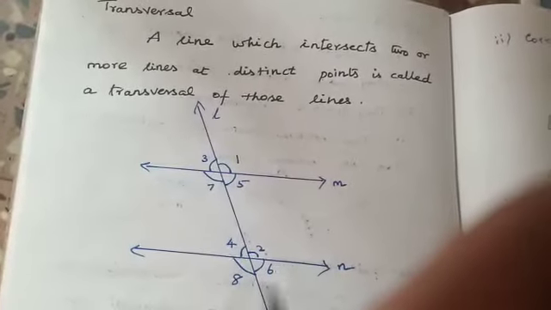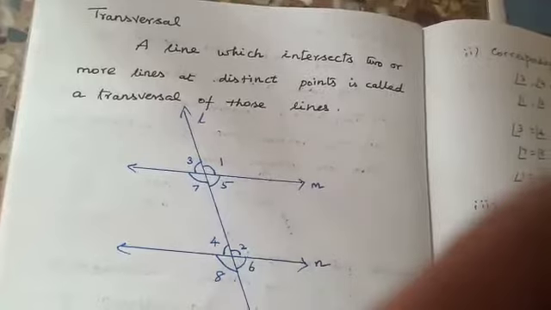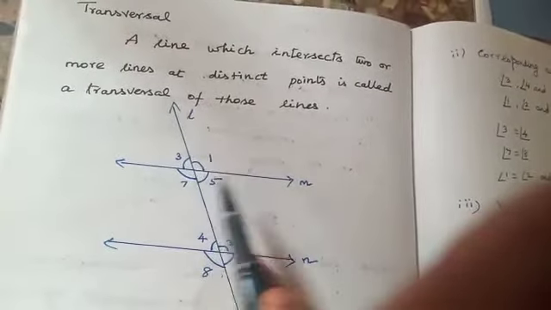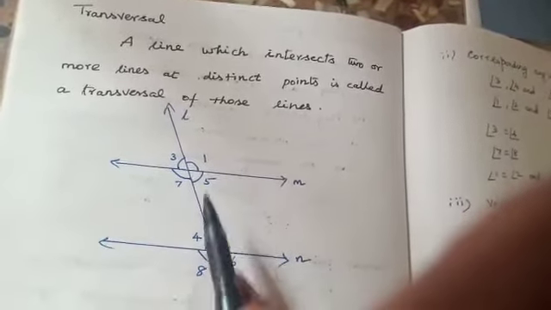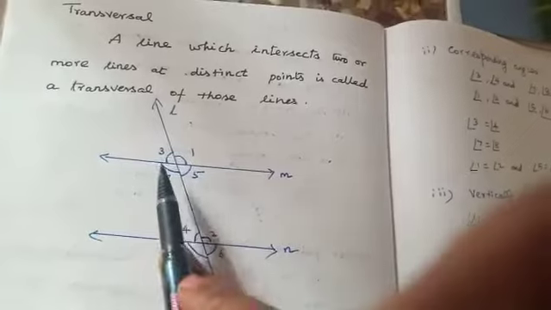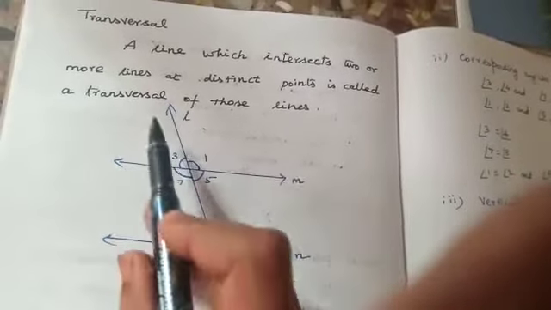This is the transversal. So line L intersects two lines at distinct points, here one point, here one point. So it is called a transversal of those lines.